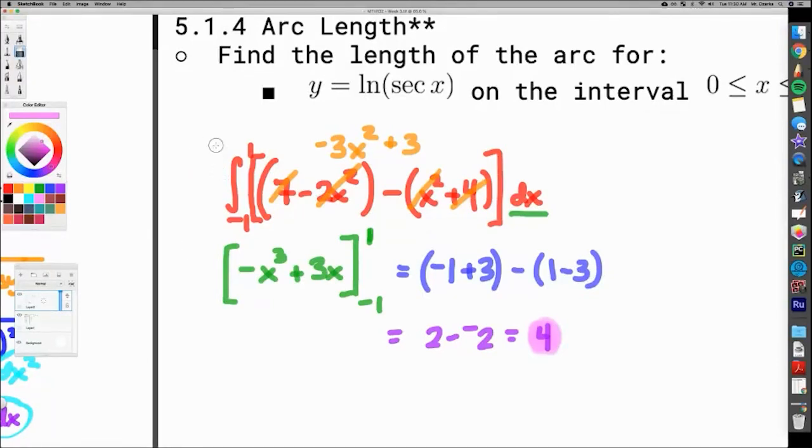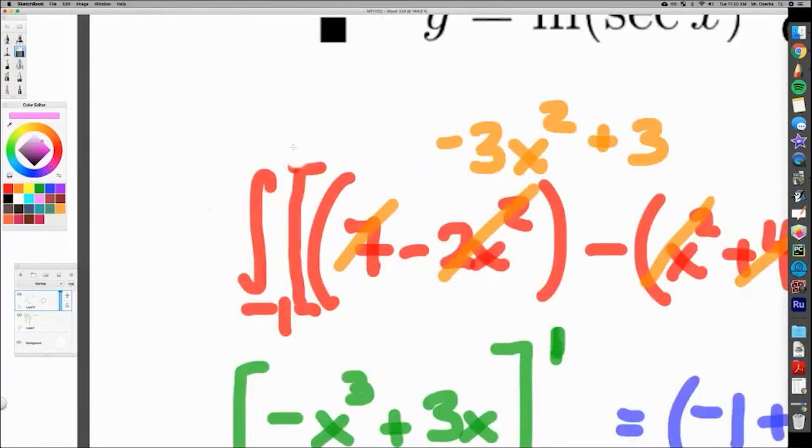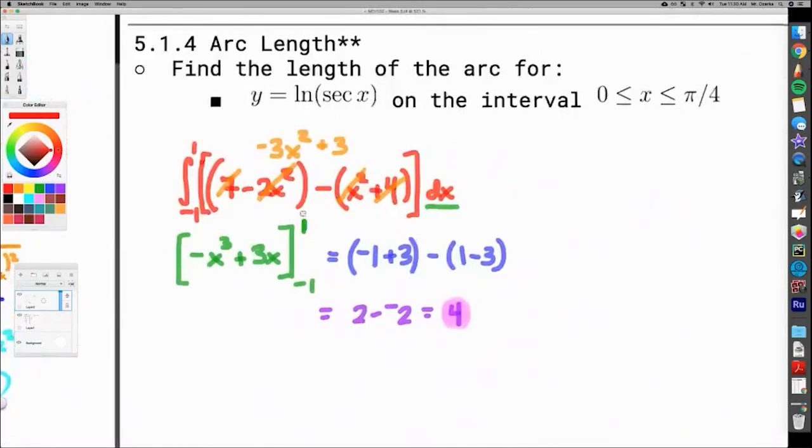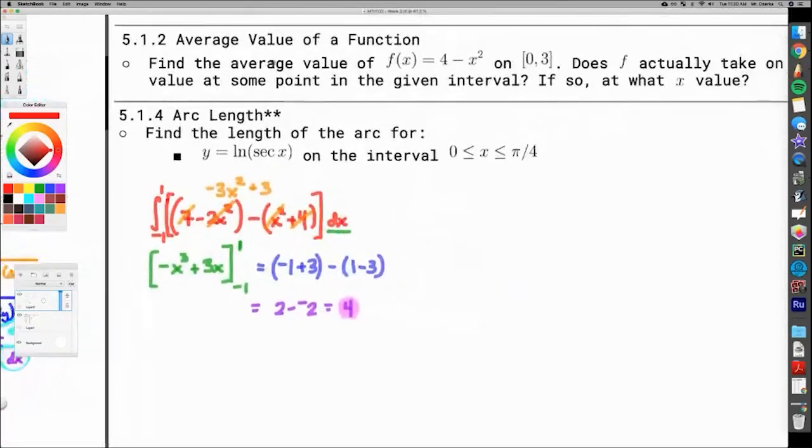This is sloppy. Are there any questions on this one? All right, cool.